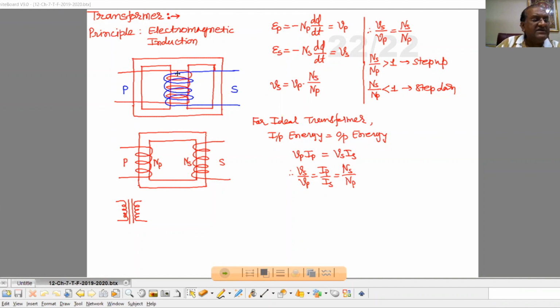Then hysteresis. The magnetization of the core is repeatedly reversed by the alternating magnetic field. The resulting expenditure of energy in the core appears as heat and is kept to a minimum by using a magnetic material which has low hysteresis loss.